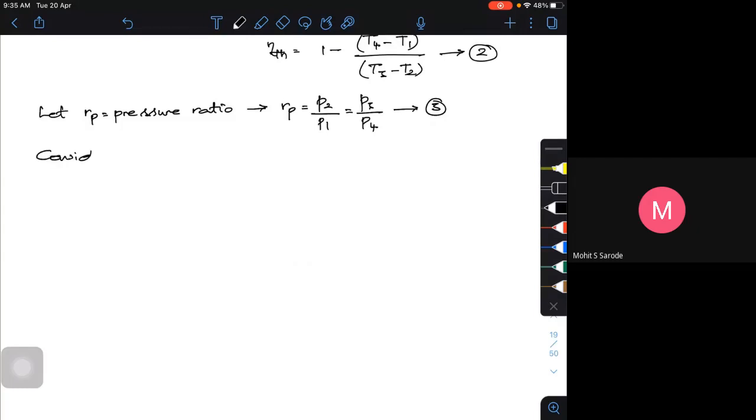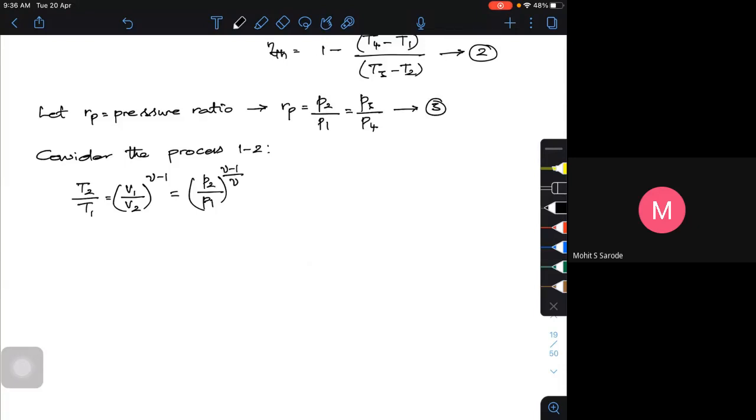So consider the process 1 to 2. From thermodynamics, T2 by T1 is equal to (V1 by V2) to the power of gamma minus 1, which is also equal to (P2 by P1) to the power of (gamma minus 1) by gamma.